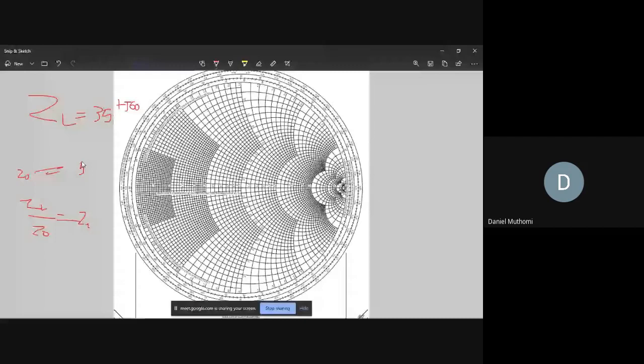If you divide this by this, you'll get a small zl as 0.7 plus J 1.2. So this is what you're going to plot inside your Smith chart.